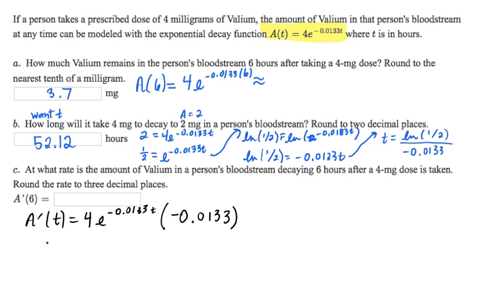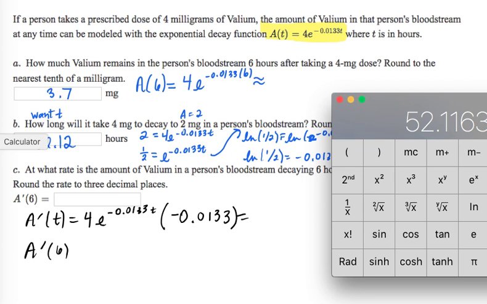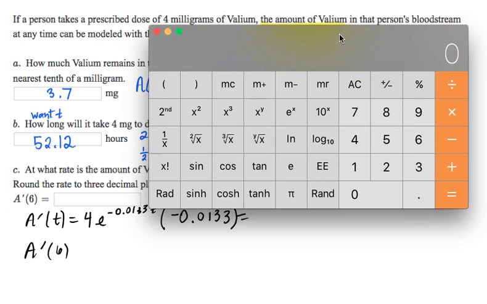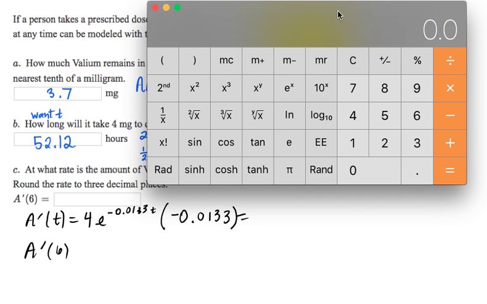Okay, so then you could multiply the 4 times the constant, sure, and we can plug in 6 as well. I think I'll go ahead and multiply 4 times the constant first. So on my calculator, I'm going to do 0.0133 and multiply that times 4 to get 0.0532.